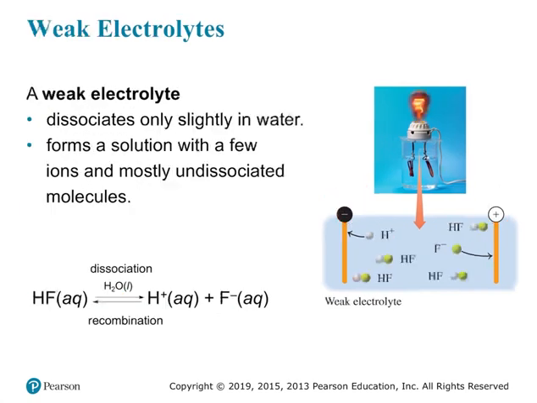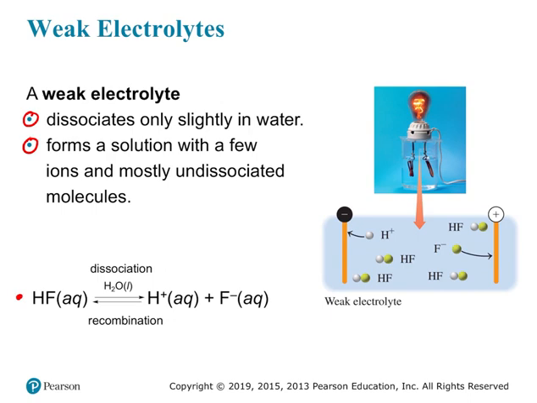Now, weak electrolytes only dissociate slightly in water. They'll form a solution with a few ions, but mostly undissociated molecules. Down below, we have a really good example of a weak electrolyte, and that is hydrofluoric acid.